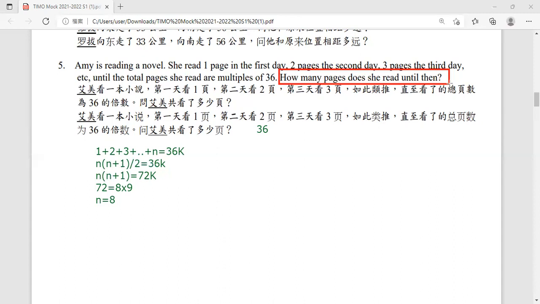So she had read for 8 days, but 36 pages. So please don't step in the hole. If you answer 8, you will fall in the hole. It's 36 pages. Okay? Any questions? Yeah, tricky, but don't fall in the hole. Now you have fallen in the hole for answering 8.